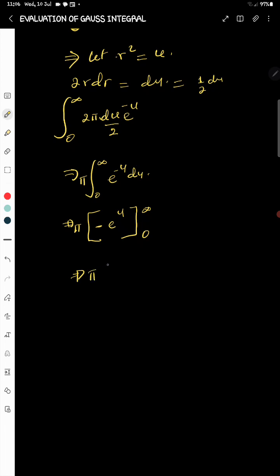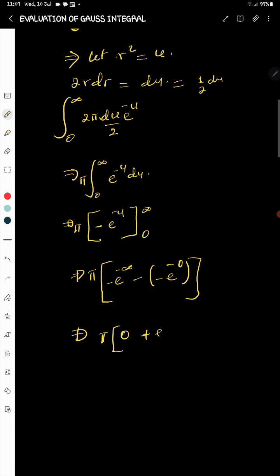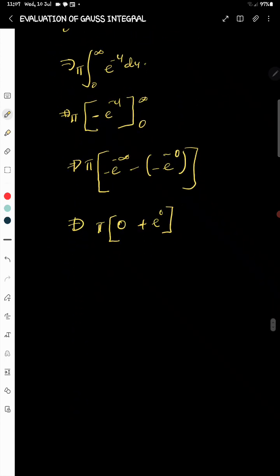Then pi times negative e raised to negative infinity minus negative e raised to 0, which is equal to pi times, this becomes 0, plus e raised to 0, which is equal to pi times 1, because e raised to 0 is equal to 1, so it is equal to pi.